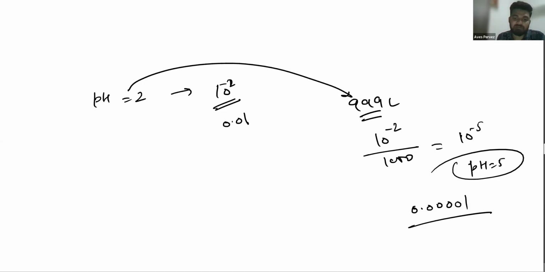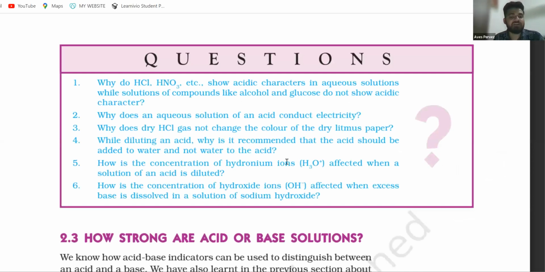If the question is asked how the concentration of hydronium is affected when the solution of an acid is diluted, we will simply say that the concentration depends on the number of H plus ions per liter of solution, and if we are diluting a solution, then the H plus ions per liter will decrease, hence the pH of the solution will increase. Okay, got it?